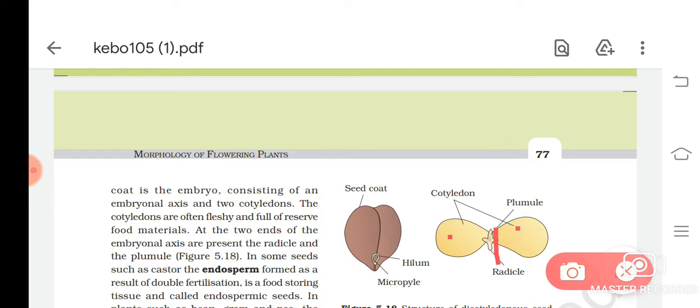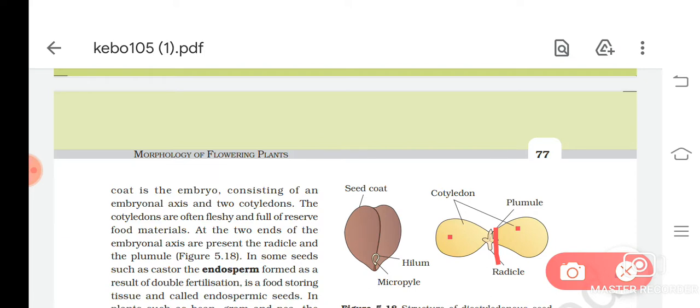They are soft, or fleshy, and they are full of reserved food materials, and that is the reason why we use it as the edible part, isn't it? We take various kinds of seeds like cashew nut or groundnut, etc., due to the reserved food materials in them. Understood? So they actually store the food for the developing embryo.